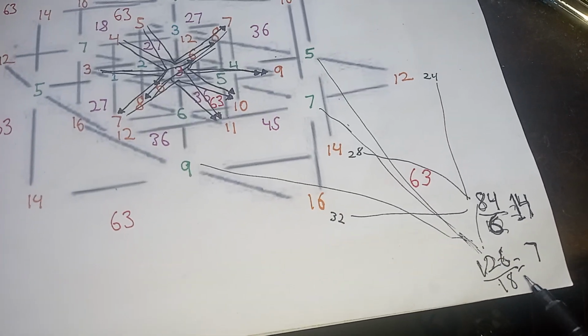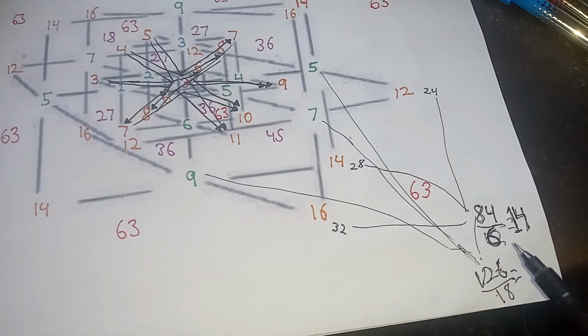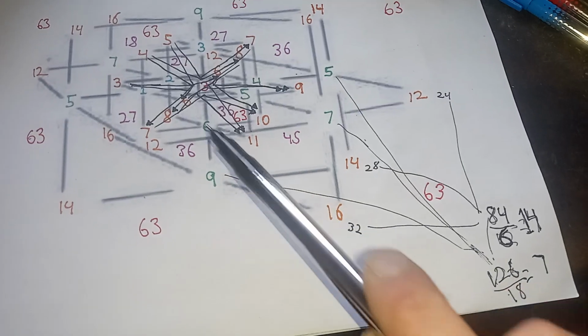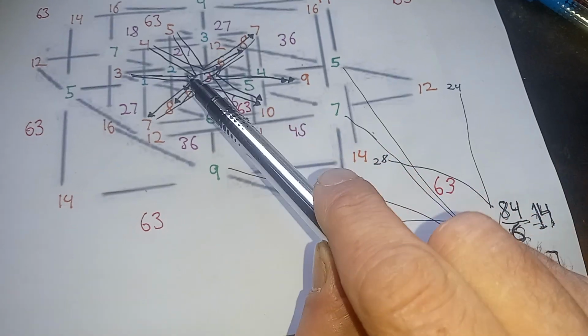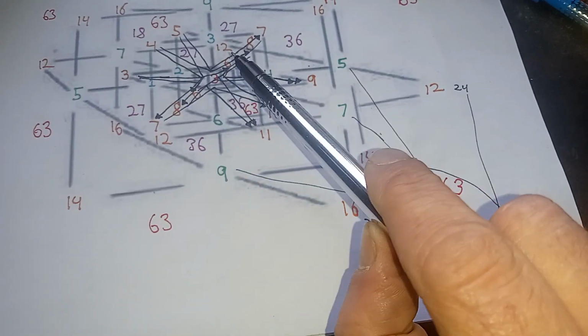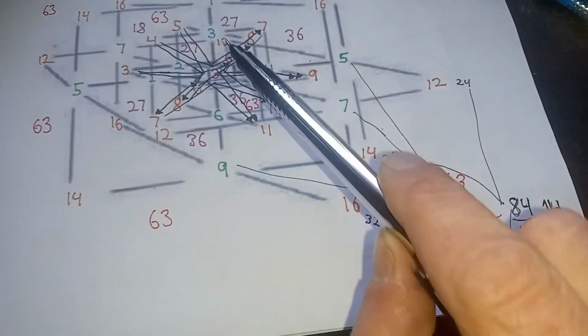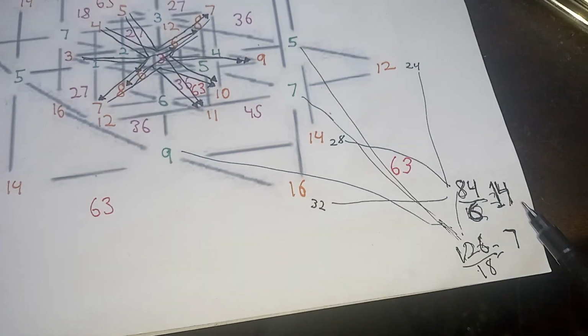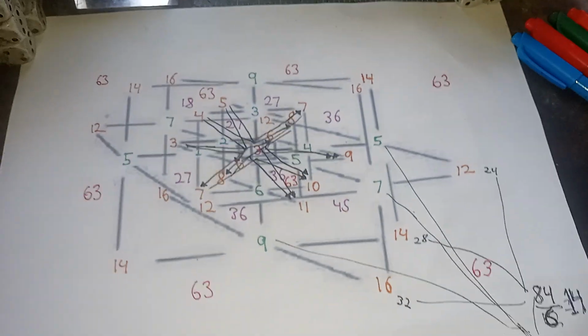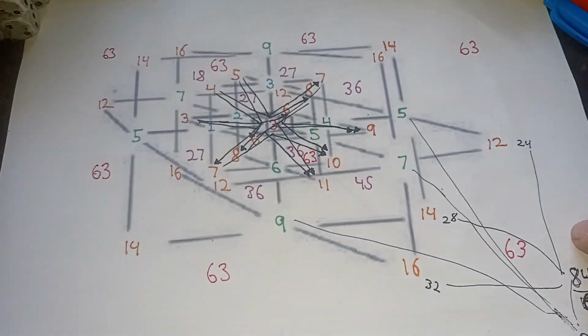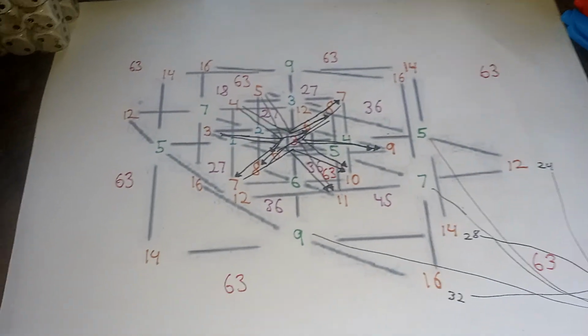You get 126, and you divide by 18, all the times that the 3 is used. 3s on both of these equations, 3s on both these equations, 3s on both those equations. You divide that, you get 14 and 7. So that's just the magic hybrid number cube.